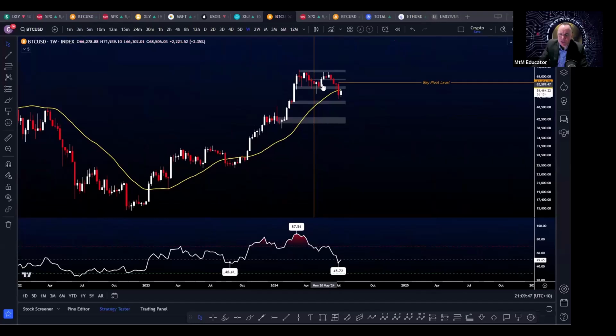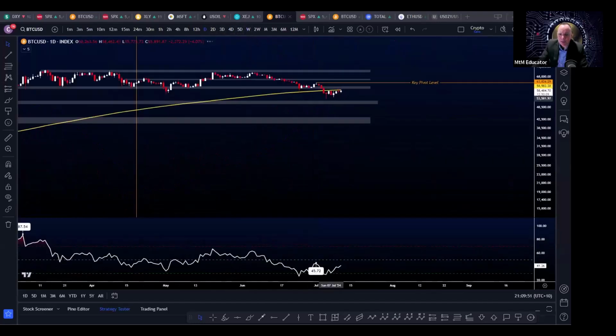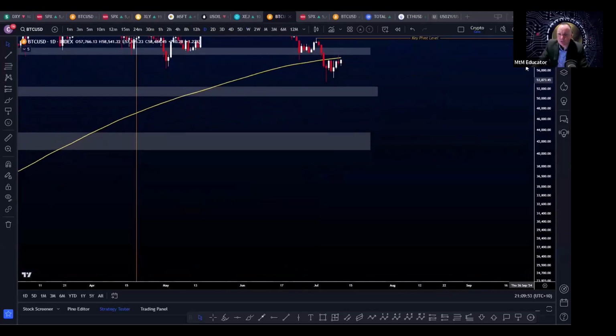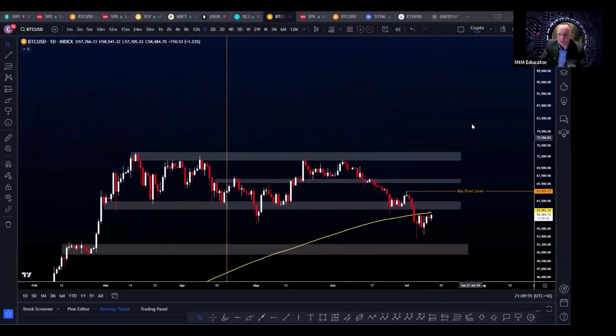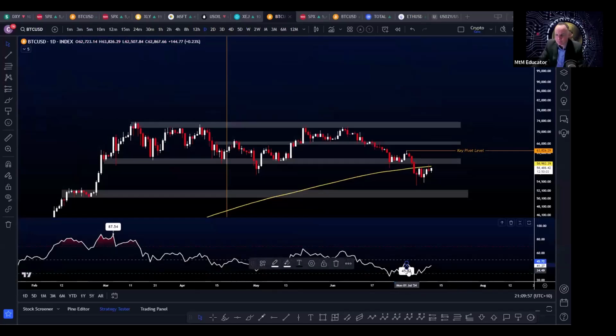At this stage, we are starting to see on the daily some good bullish signs. If I pull up the RSI on Bitcoin, you can see lower lows with higher lows on the RSI.